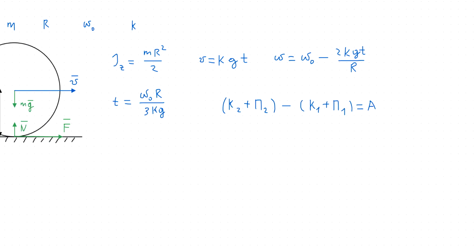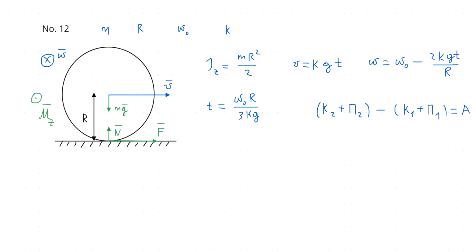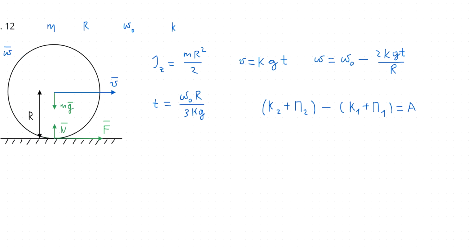In this question, it must be 0 because it's on the floor. Yes, we can choose 0 because the height of the cylinder doesn't change, and we also don't have any deformable bodies like springs or something else. So we can put P1 is equal to P2 is equal to 0.